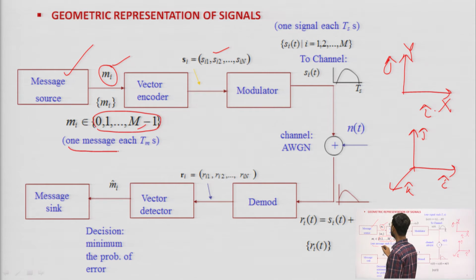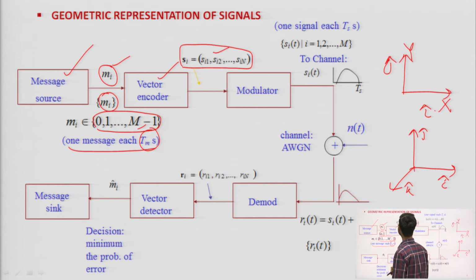Here m is the number of message points. Now it is encoded by a vector encoder, and mi is represented by si equal to si1, si2 up to sin.